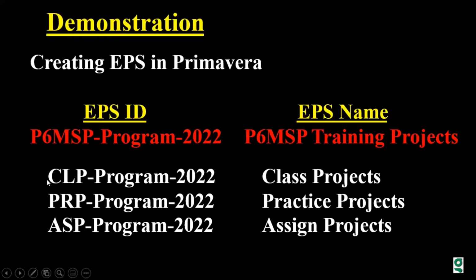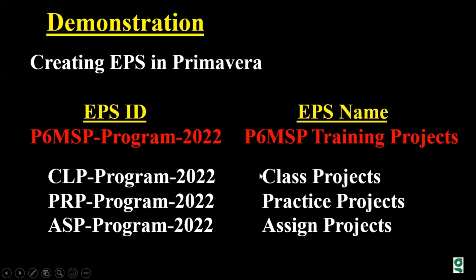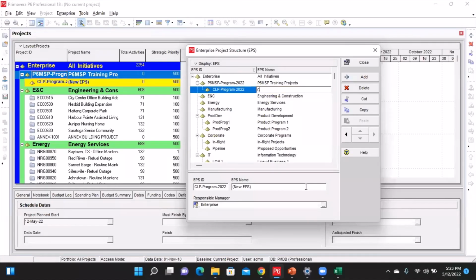According to what we are doing, the EPS ID is CLP-program-2022. That's what I'm going to type here. Then I'll type the EPS name, and the EPS name we are told is plus projects. So I'm going to type here plus projects.